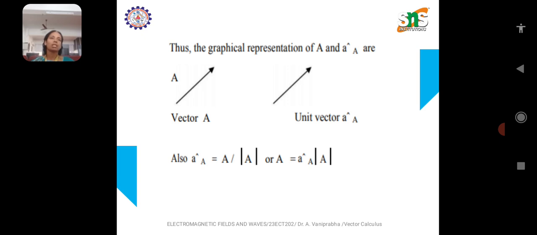Whereas the unit vector a cap is equal to vector A divided by magnitude of A, or A is equal to unit vector into magnitude of A.